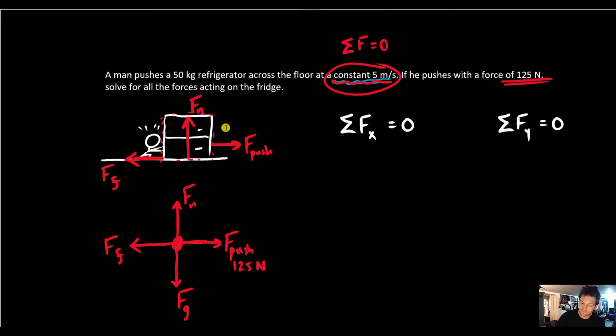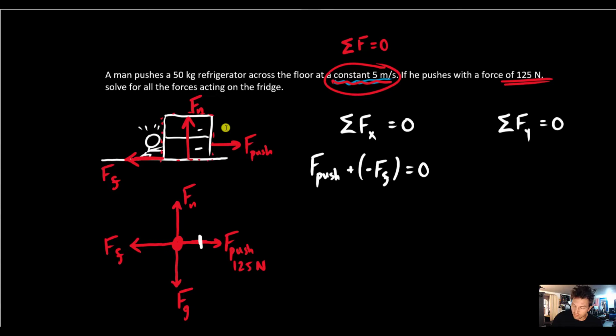So if I know that the push was 125, now I just set up those different equations. I say, okay, the force of push plus the friction force, and it's going in the opposite direction, so it's going to be negative. Those need to be equal to 0. In the y direction, we have a similar type of thing.